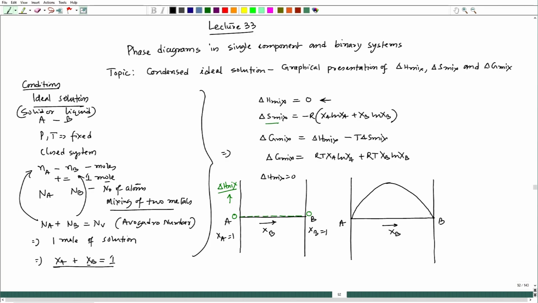This is del S mix, and this is 0, this is 0, and it will always be positive, since x b and x a both are fractions and there is a negative sign here. So, in the case of an alloy, since two metals are added, we are making an alloy.